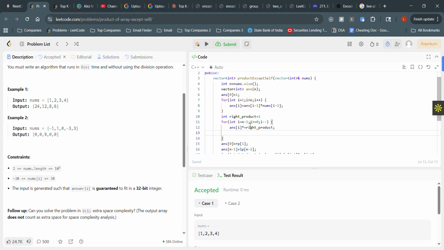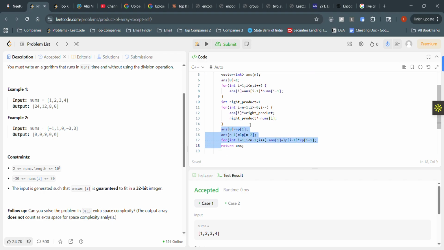And at the same time, I want this right product to consider that particular element for the previous element, for the n-1th index. So this right product will be multiplied with nums of I. And now my answer will hold true. So I will just remove all these lines and let's try running it.